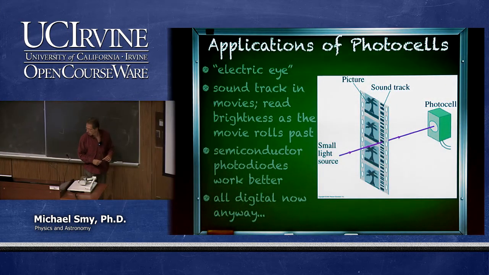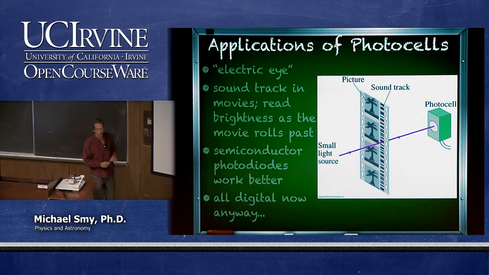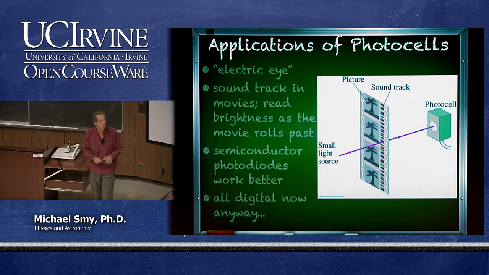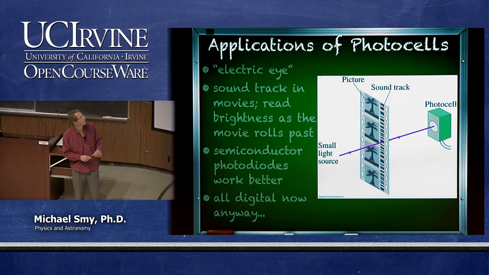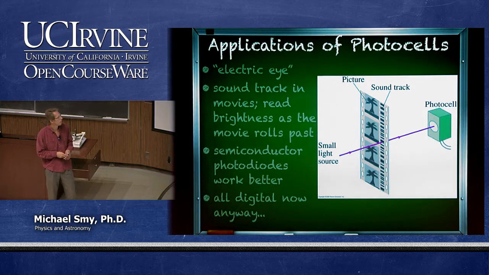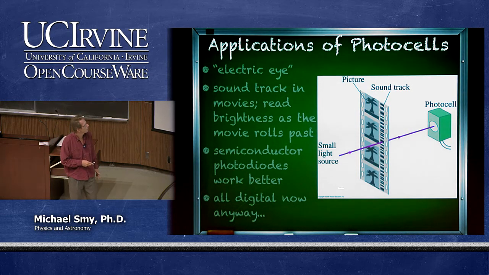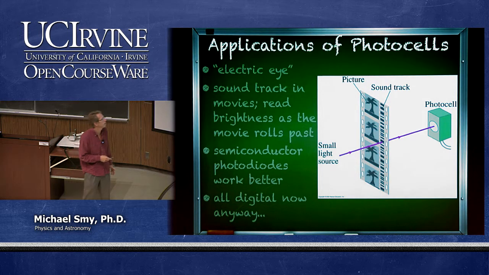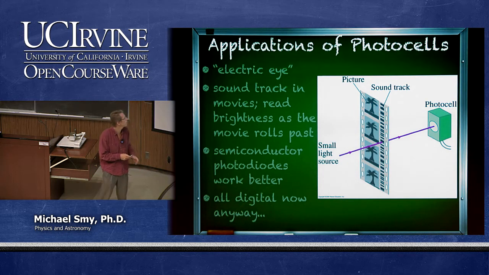There were some technological applications of the photoelectric effect. These days, most of them are somewhat obsolete. For example, the so-called electric eye, or when you still had celluloid films, then you could encode the soundtrack of a movie next to the images, and use a small light source to read the brightness or darkness of the soundtrack and then measure the resulting current in a photocell.